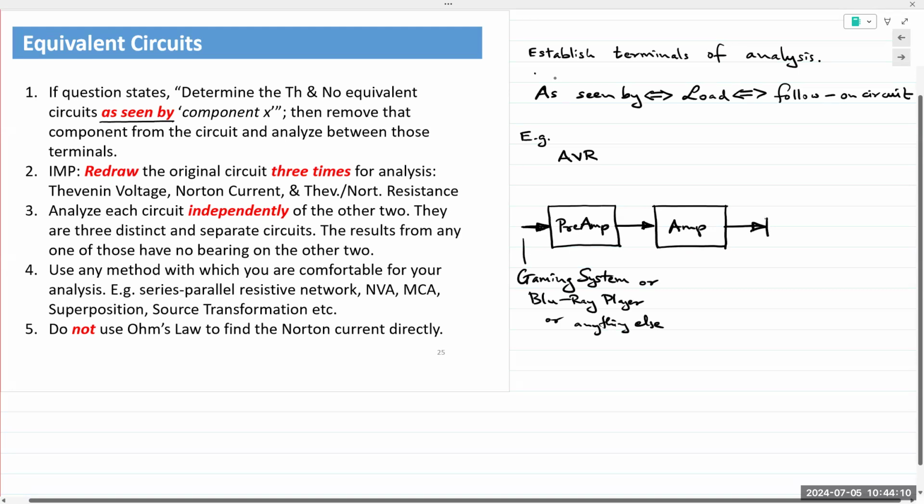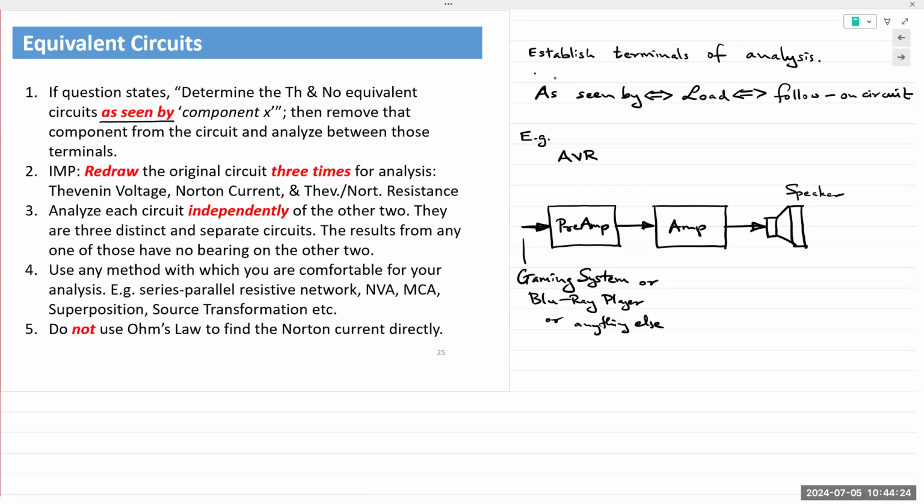Now, this would go to a speaker. So the source could be any electronic device, goes into the preamp. The preamp will strengthen the signal, impart a little bit more current and voltage, and then drive it to the amplifier section.